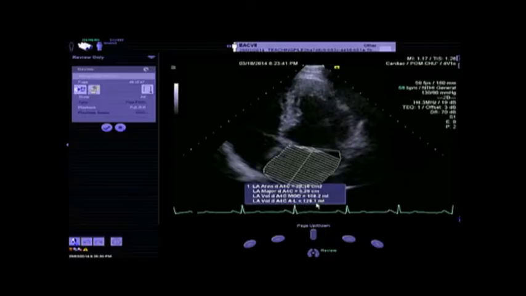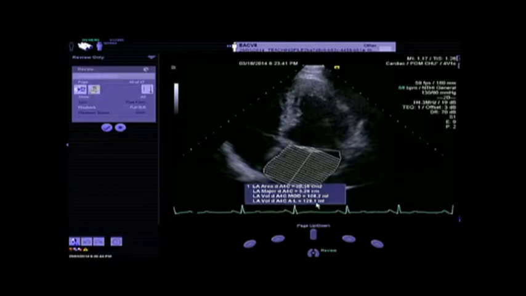And when we calculate, the indexed value is greater than 40 milliliter per meter square. This means that it is a severe dilatation. This means that when we have a cutoff greater than 40, it is associated with some morbidity. And if it is more than 60 milliliter per meter square, it is associated with the occurrence also of cardiac death.